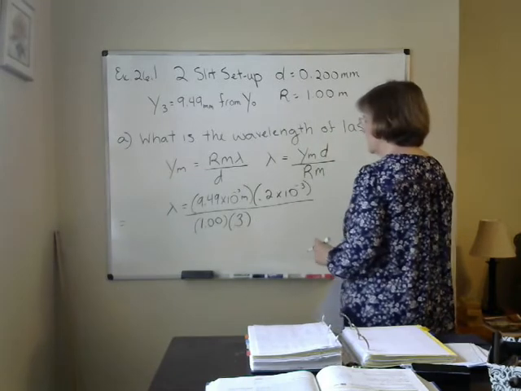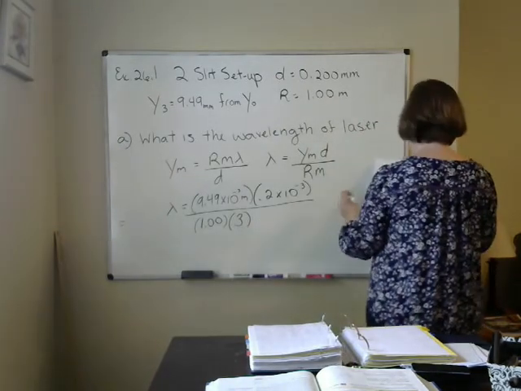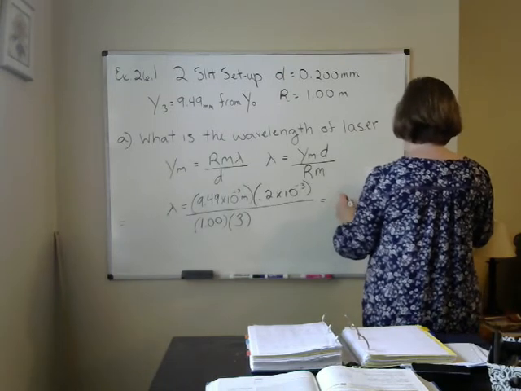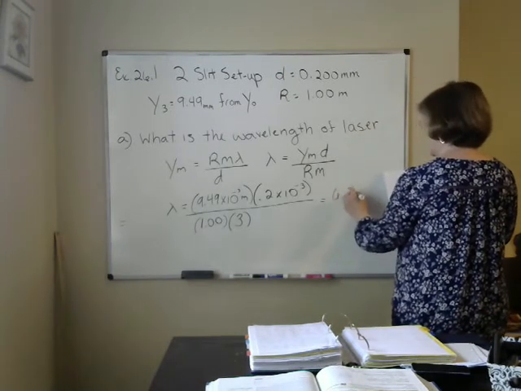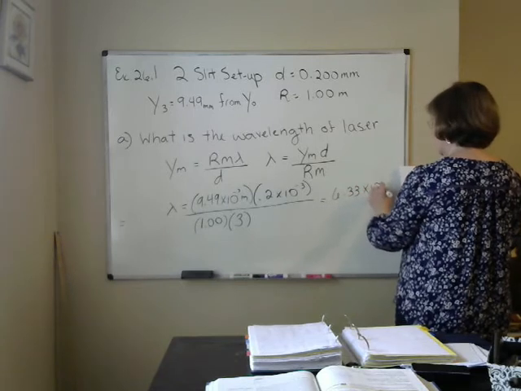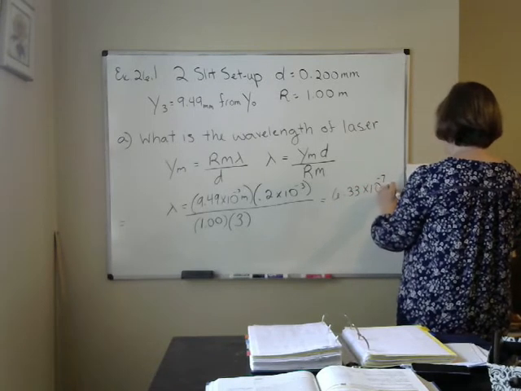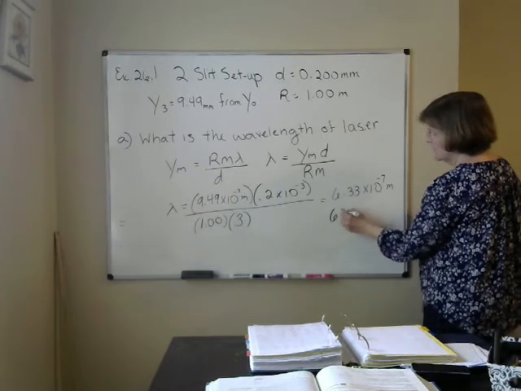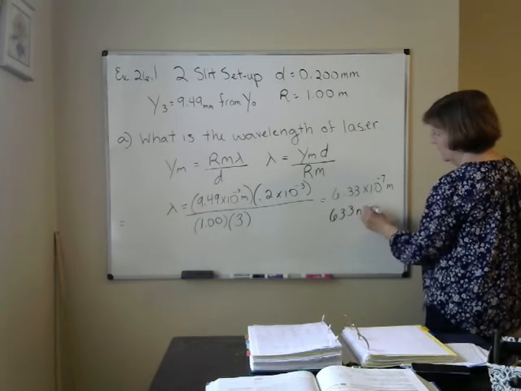This is the third bright spot. I put all of that in the calculator, and it comes out to be about 6.33 times 10 to the negative 7 meters. Another way we might write that is 633 nanometers.